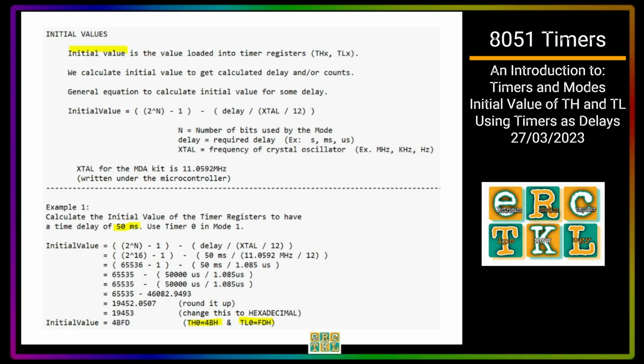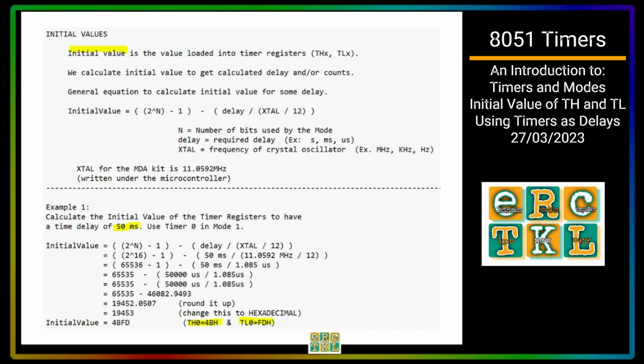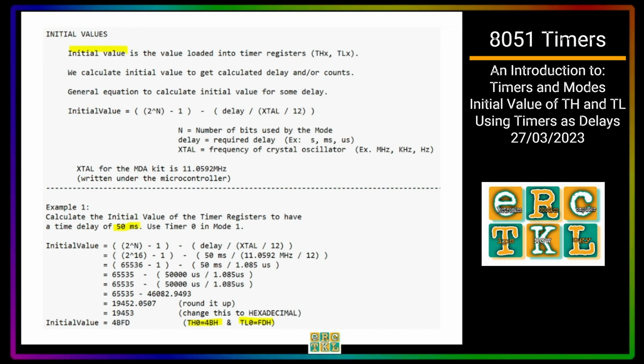Again, what are we doing? Maybe you don't understand. In our program, there is what we call TL and TH. We need to put a hexa number into TL or TH. For example, if I tell you to use timer 1, it means you will have TH1 and TL1. Can you follow?